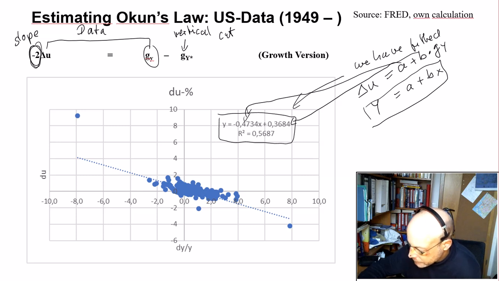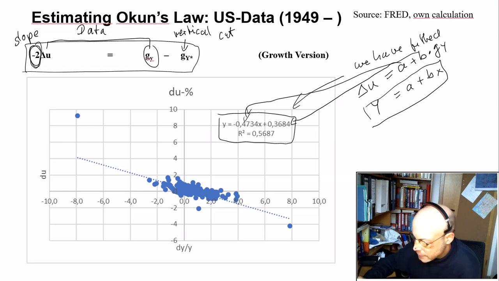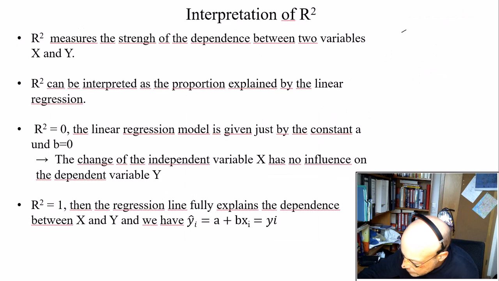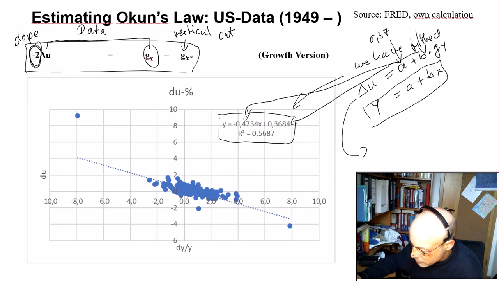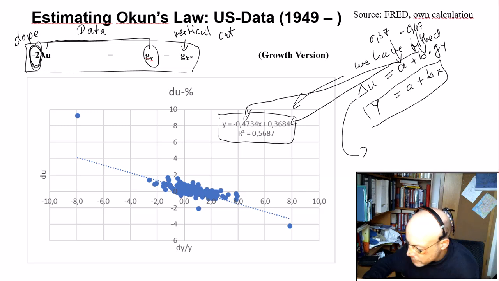And then, of course, in order to get to this expression, we have to rewrite this, since we know now this is 0.37 and this is minus 0.47. What is it compared to this -2?